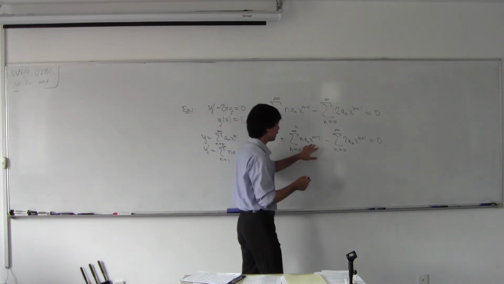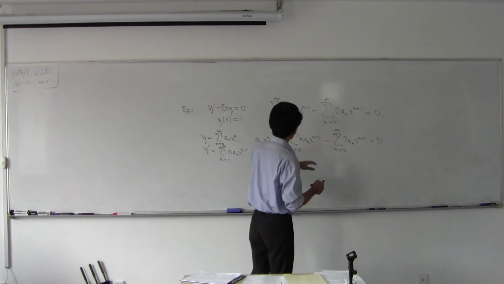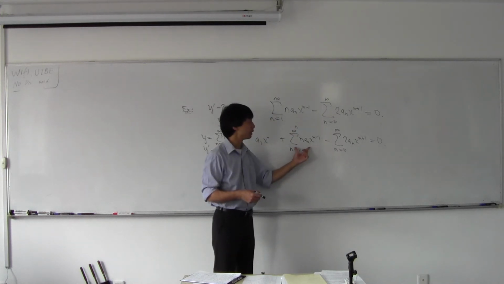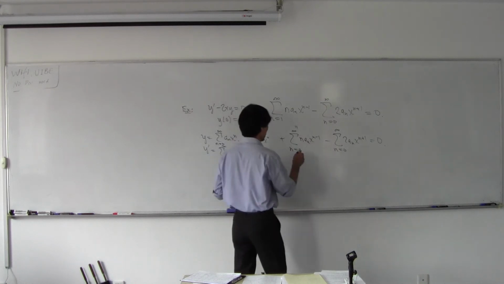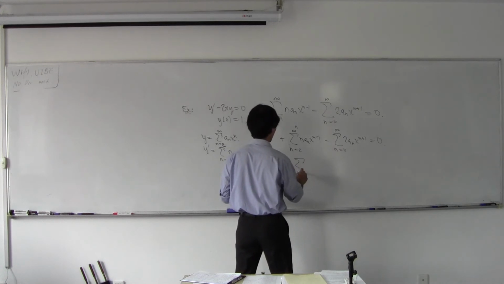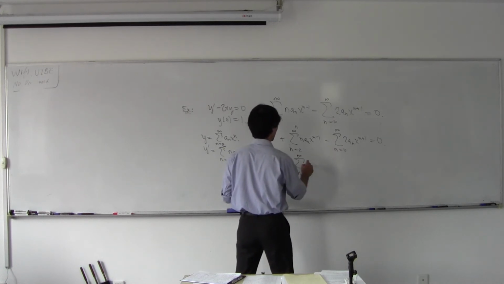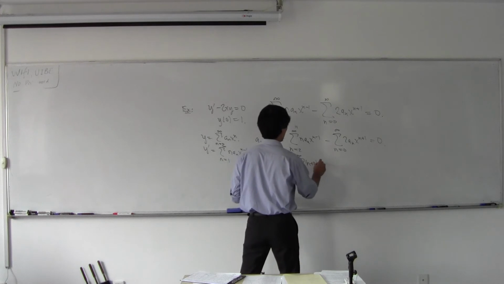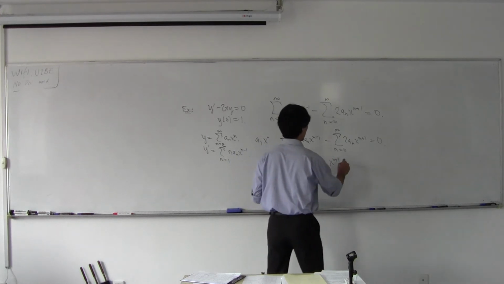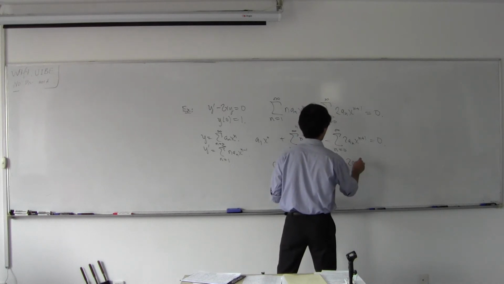Okay, so now let's combine them together by dropping the index by 2 here. So we get a1 plus summation n equals 0 to infinity, n plus 2, a sub n plus 2, x to the n plus 1, minus 2 a sub n, x to the n plus 1.